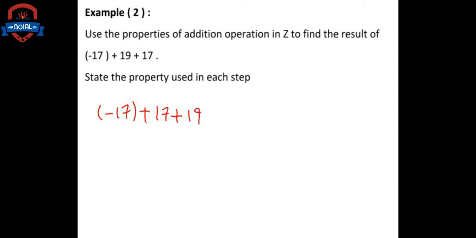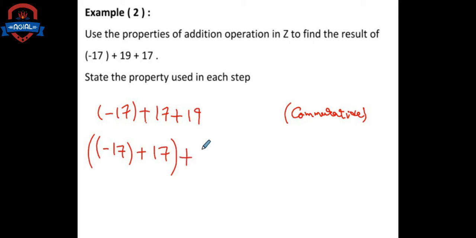And now we used the commutative property. Our second step, we have negative 17 plus 17 all in parentheses, plus 19. And in this step we used the associative property.